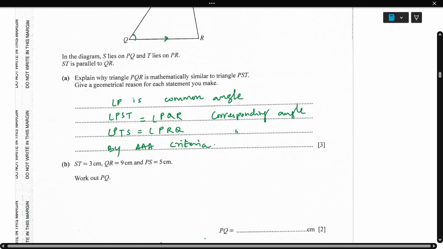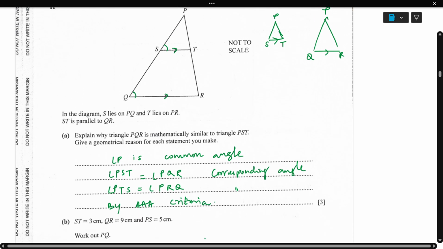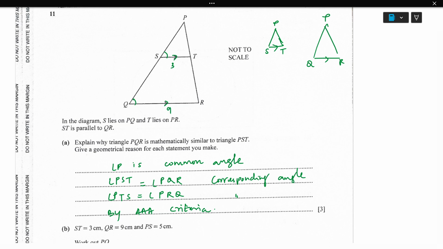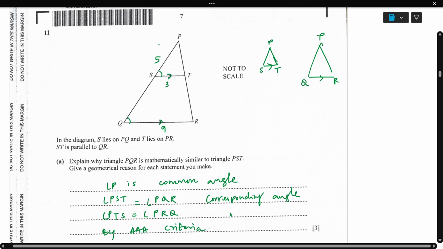Okay, next question. ST equals 3, QR equals 9, PS equals 5, and we need to find PQ.